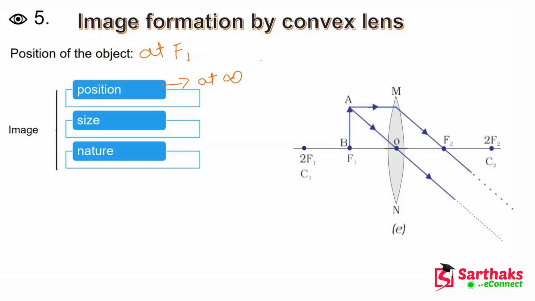Now talk about the size. The size in this case is very, very large, so for the large size we can simply write highly enlarged. Now, let's talk about the nature. I told you that the rays will actually meet here at a very large distance.